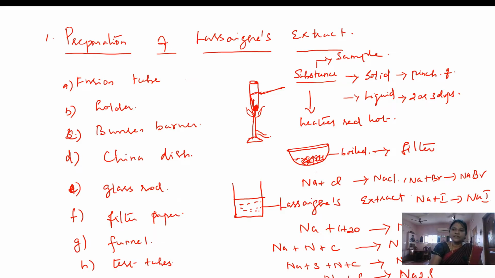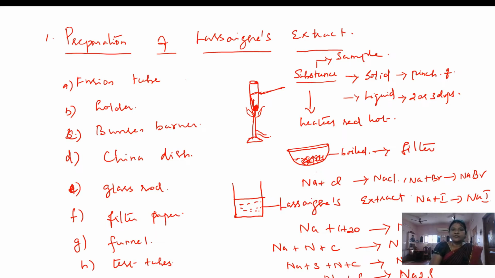In addition to that, the next priority goes to oxygen. In the organic qualitative analysis in the laboratory, we need not bother about the presence of hydrogen, carbon, and oxygen. In addition to that, we are going to find out the presence of nitrogen, sulfur, and the halogens in an organic compound using this Lassaigne's test.